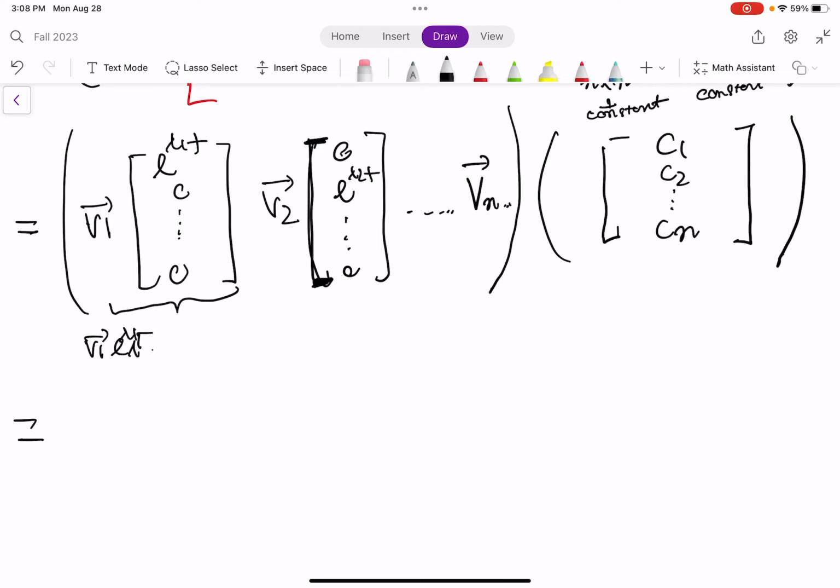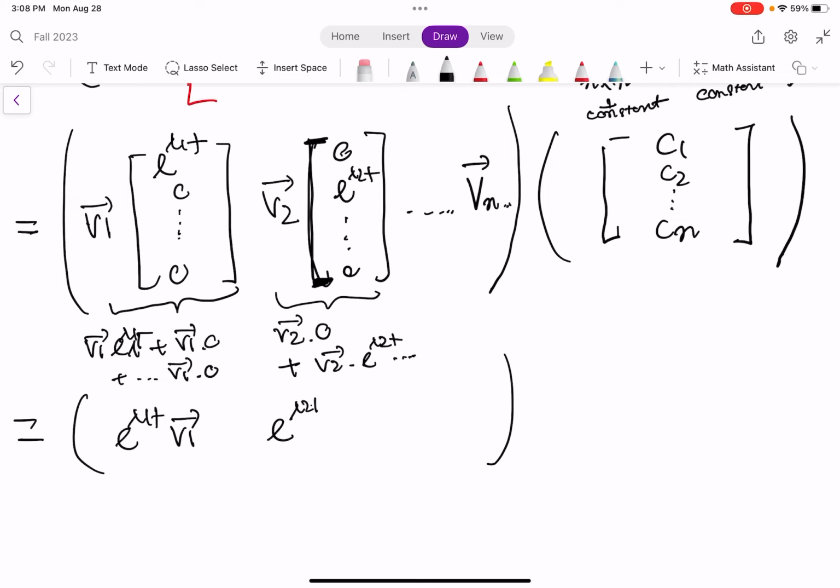You see what I'm saying? So basically you can get e to the lambda 1 t v1, e to the lambda 2 t v2, and on the way to e to the lambda n t vn.